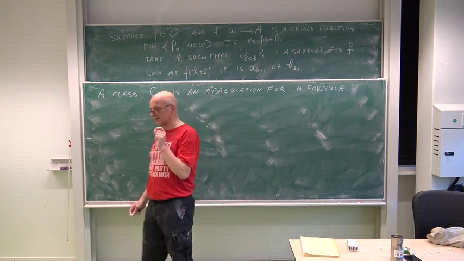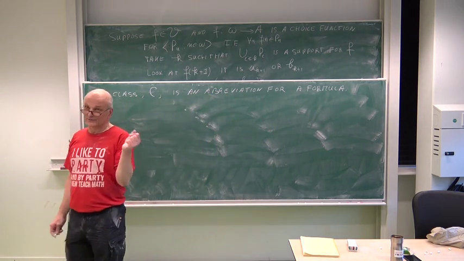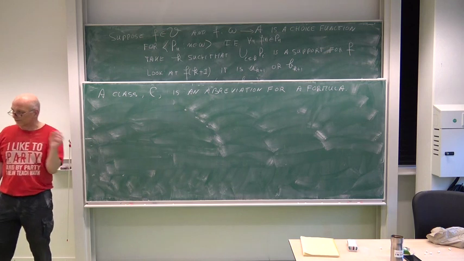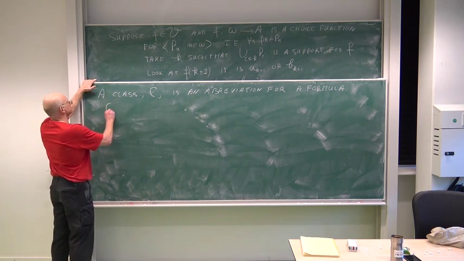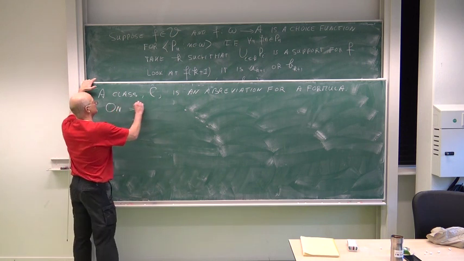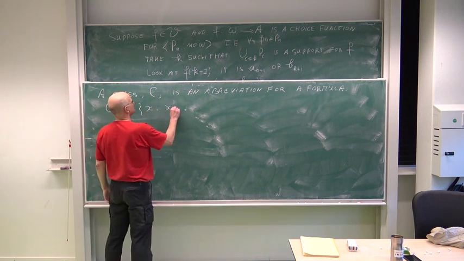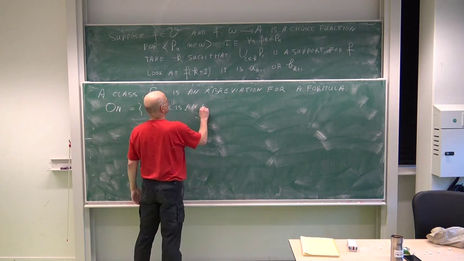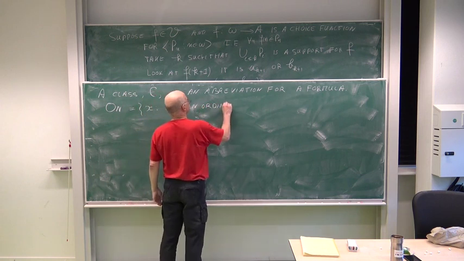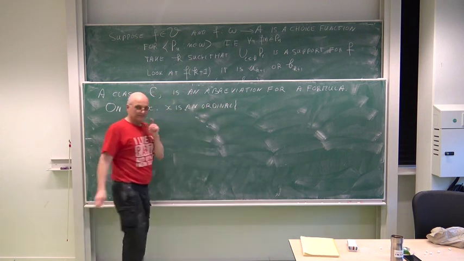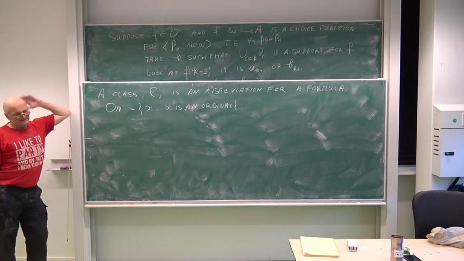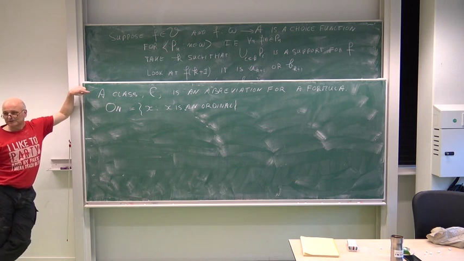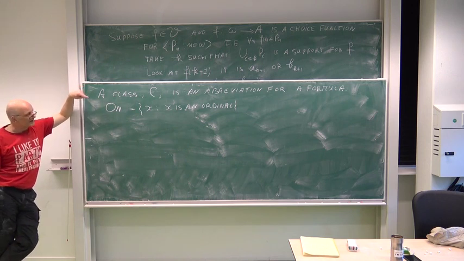A class is basically an abbreviation for a formula, and you wonder, okay, why should I abbreviate a formula? Well, the reason you want to introduce classes and talk about them is because they make life a little bit easier.